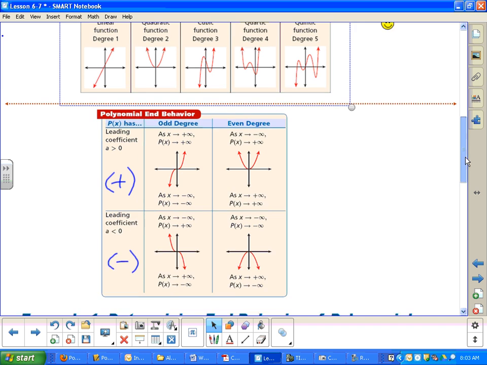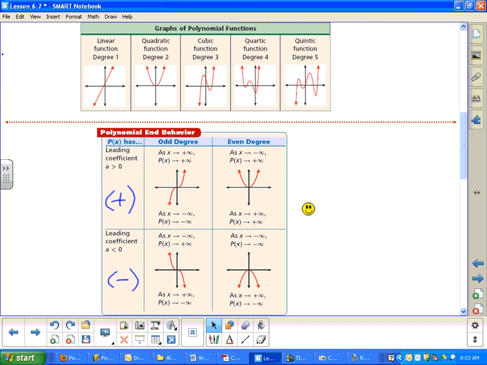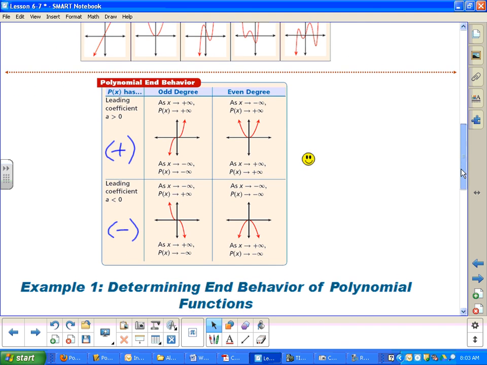And here we have a table that tells us about that. The first part says the leading coefficient is greater than 0, so a is positive. When the leading coefficient is greater than 0, then an odd degree polynomial is going to start at negative infinity and end up at positive infinity.